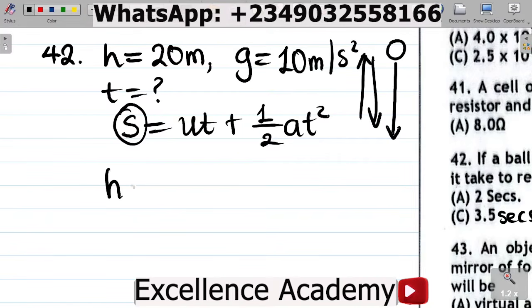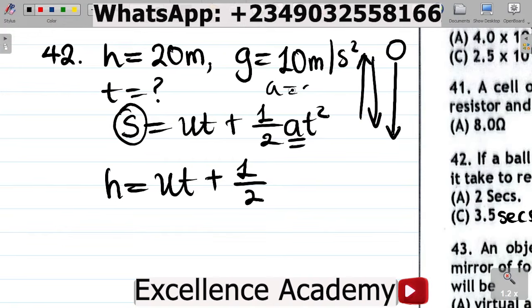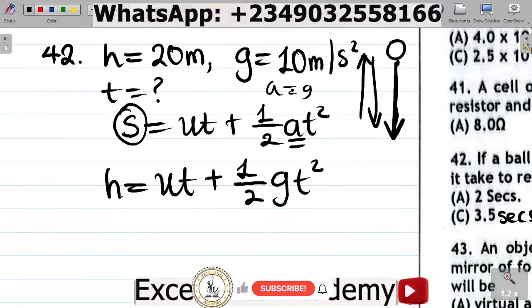So have that h is equal to ut plus half, then you have a. a becomes g in free fall. So I'll replace a by g and t squared. Now you want to know that since the body is being released from a height, that means the body is falling downwards. And when it's falling downwards, this becomes plus. Since the body is falling downwards, the sign here becomes positive.